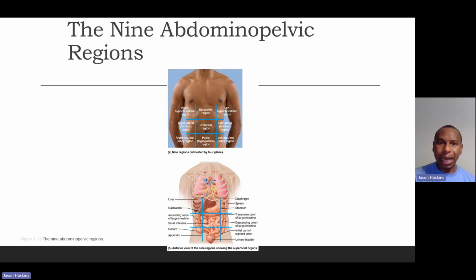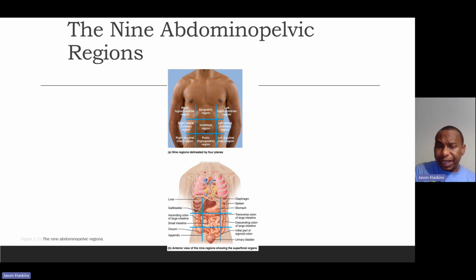Same here, if we're looking at the regions, you're going to look now to see which region holds the vast majority of that organ, and that's the region that we're going to go with. Now, depending on the instructor, they may want you to choose all of them, but most of the time we're going to go with the region or the quadrant where the majority of the organ lies.